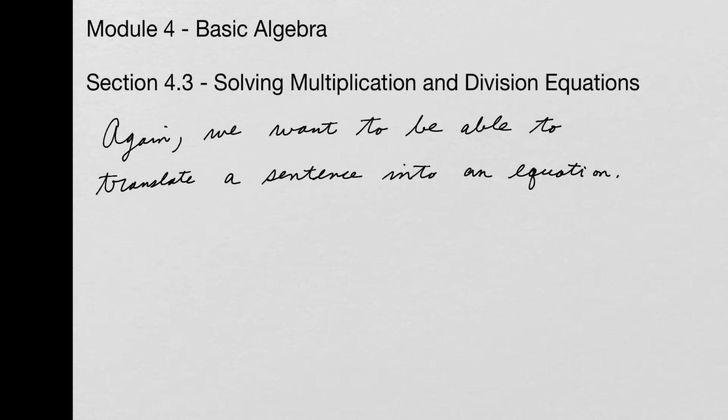Okay, it's just that the difference is these are going to involve multiplication and division, where the other ones involved addition and subtraction. So for example, let's say you're told 2/3 of a number, and we'll call it, let's say a number x, is 20. So how do I translate that into an equation?